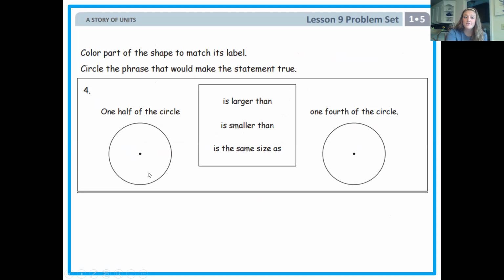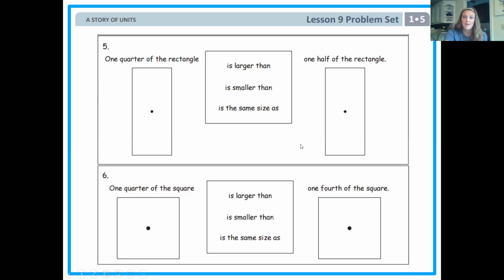So 1/2 of the circle, I want you to draw it and color it. So partition the shape and color it. 1/2 of the circle, is it larger than, smaller than, or the same size as 1/4 of a circle? I want you to partition this one and color in one of them. So those pictures are going to help you be able to complete this. And then do the same exact thing for 5 and 6.